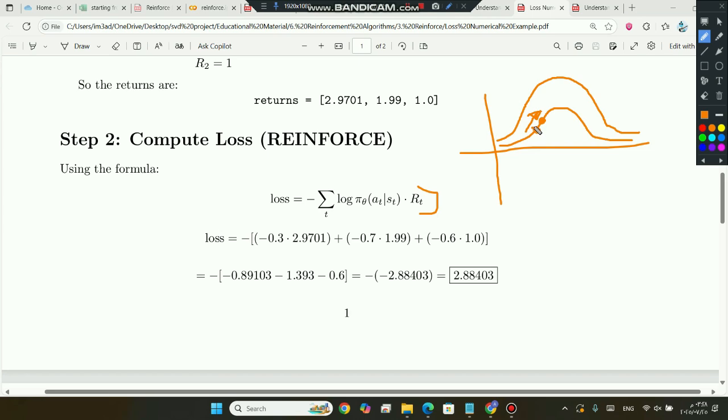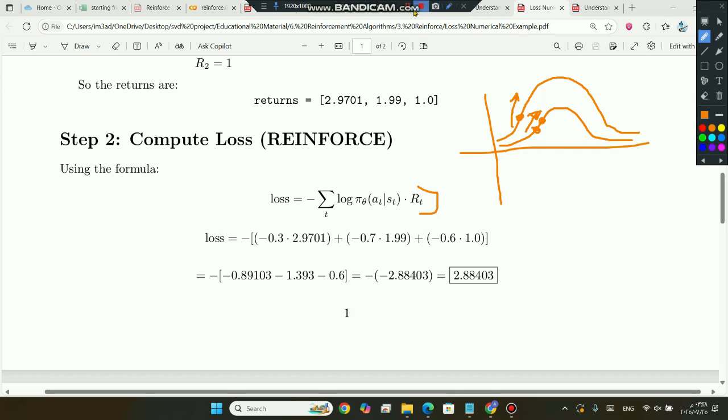What will happen is that the slope will increase, because the function is scaled up. So we will have a larger slope, and we will move more aggressively in the direction that will maximize the probability, because we have an upscaled function.